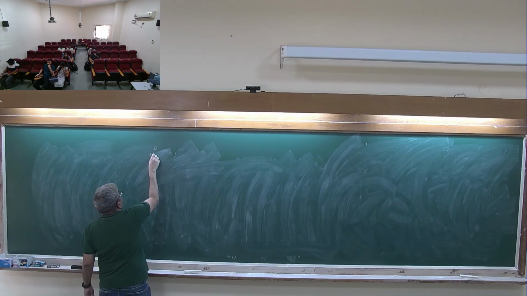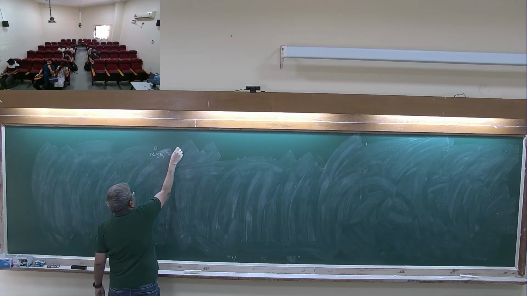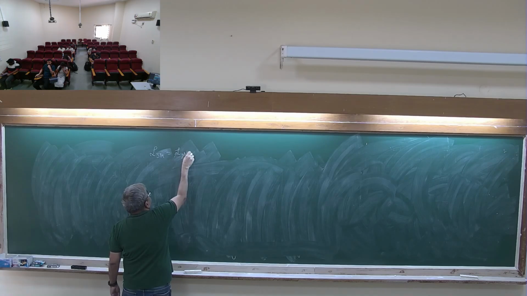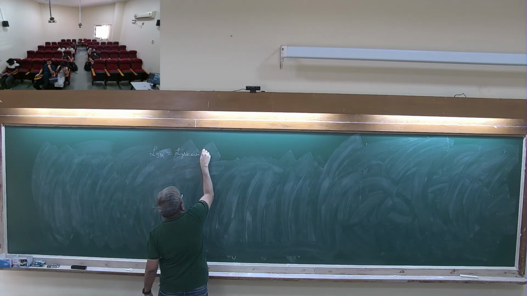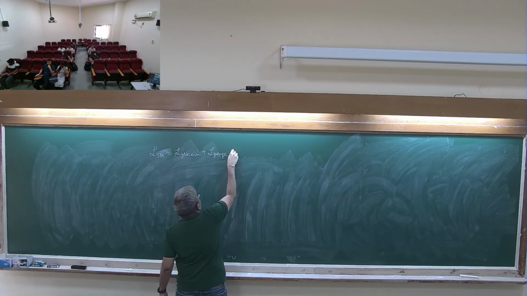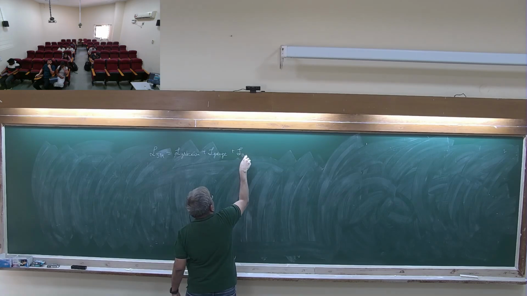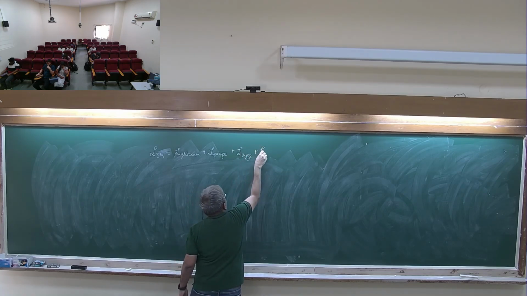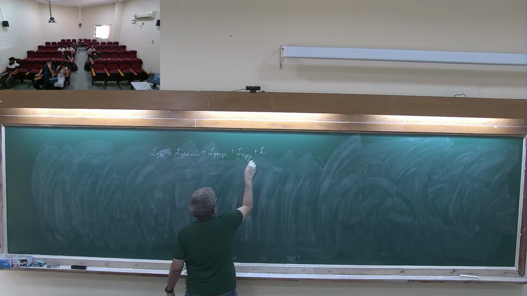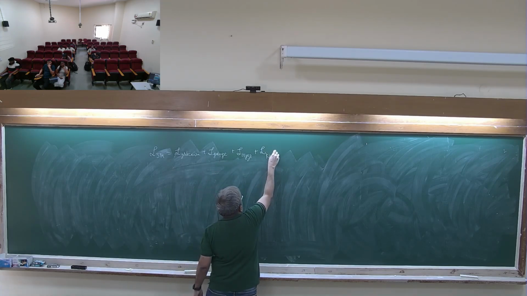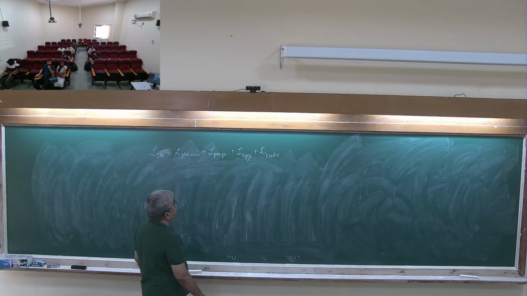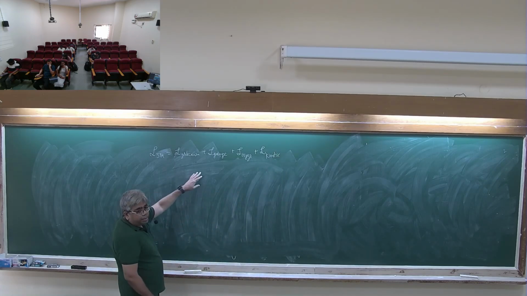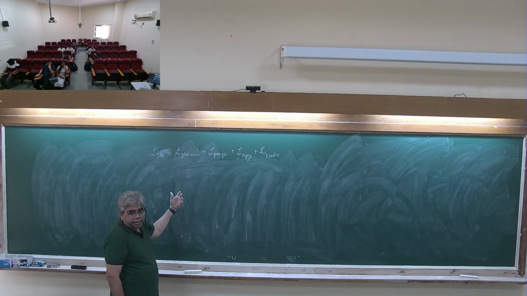Let's write down the Lagrangian. Kinetic terms. Now let's look at the diagrams which contribute to the Higgs corrections.